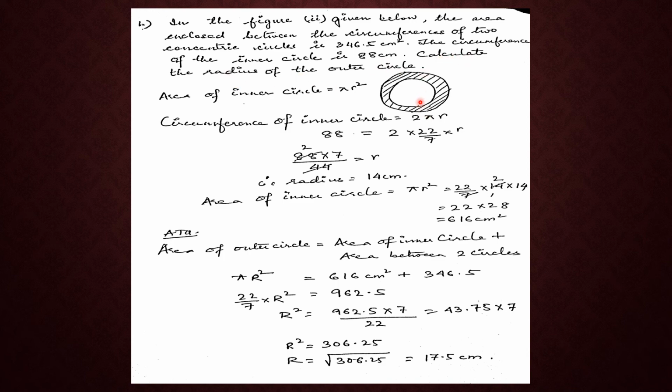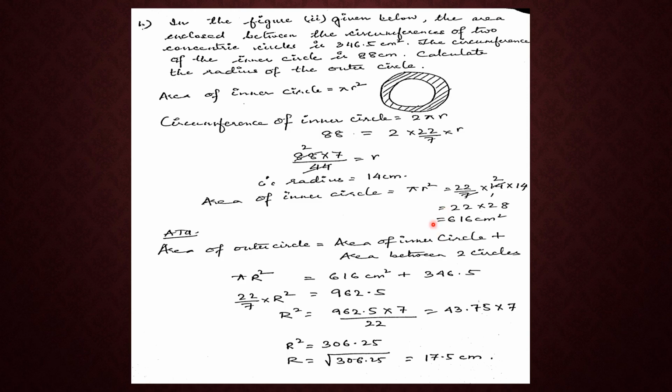So in this question, we are given the circumference of the inner circle and also the area enclosed between the two circles. From the circumference of the inner circle, we can find its radius, that is 14 centimeter. So the area of the inner circle is 616 centimeter square.